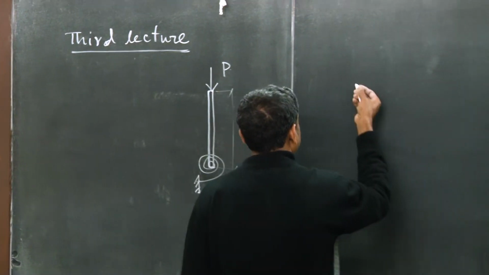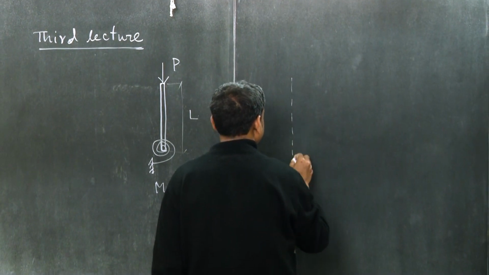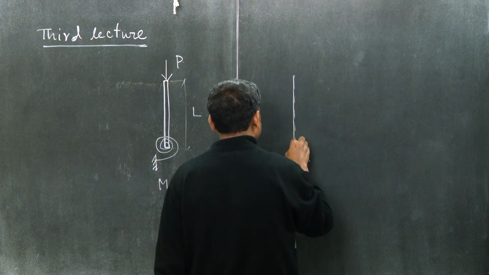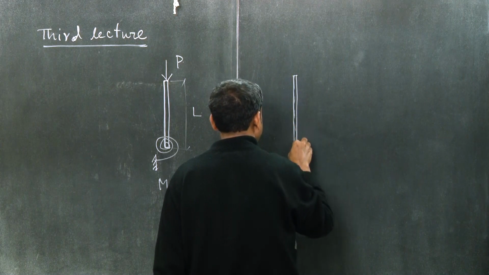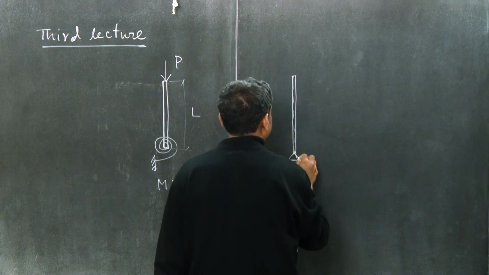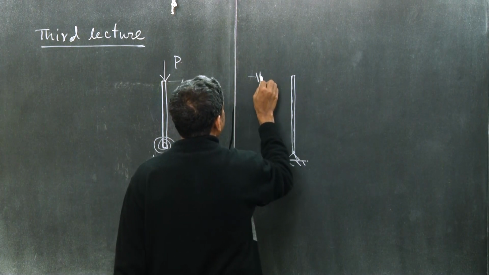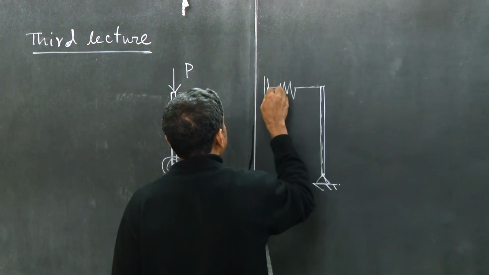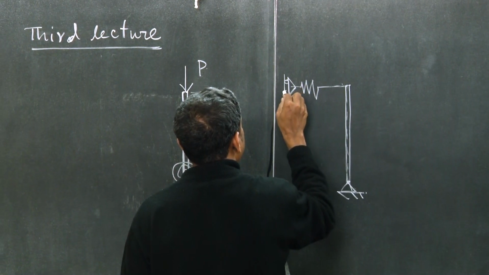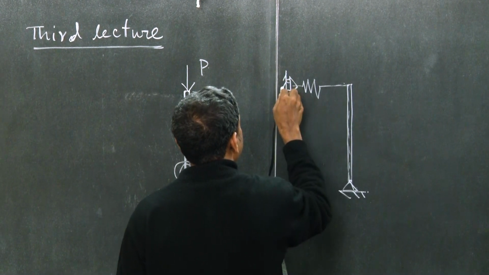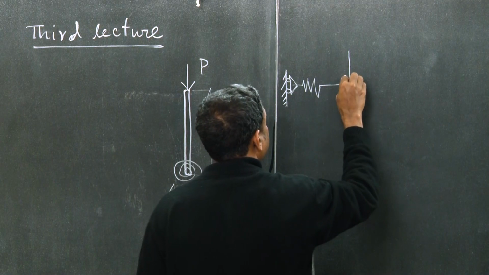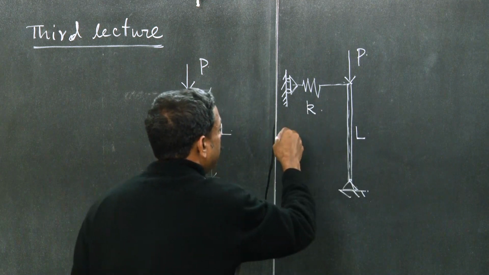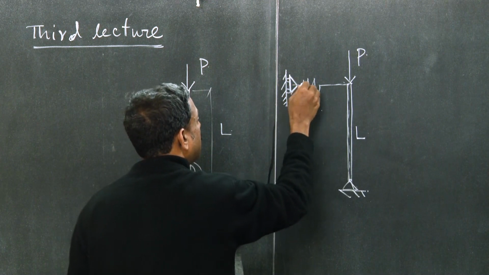The next system I am going to consider is like this. It's a rigid bar hinged at one end, and the other end is attached to a spring, which is allowed to displace, and it is subjected to concentrated load P. This is length L, this is maybe stiffness K. So this is like a roller kind of support.